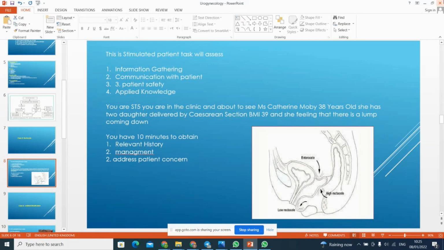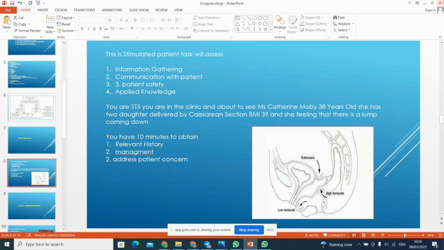Okay, and do you follow up with your GP for any medical illnesses? No. Any surgeries? You have two cesarean sections. Yeah, I have two cesarean sections, my daughters, one of them 5 years ago, and the other 7 or 8 years ago.